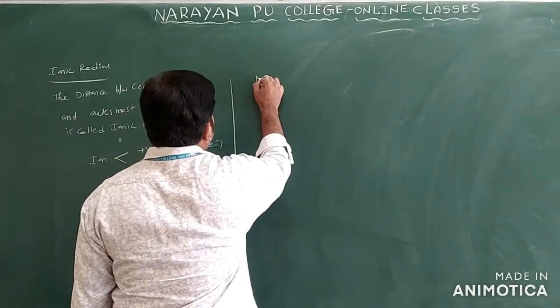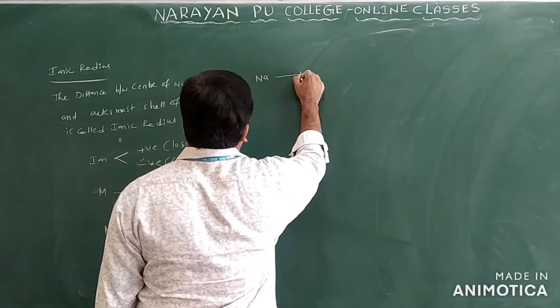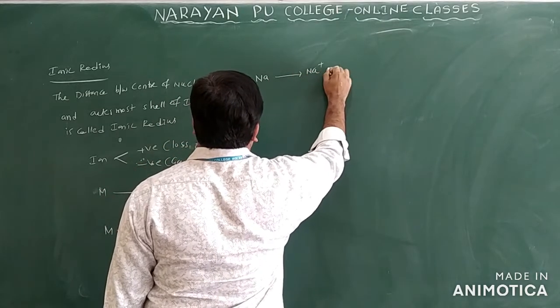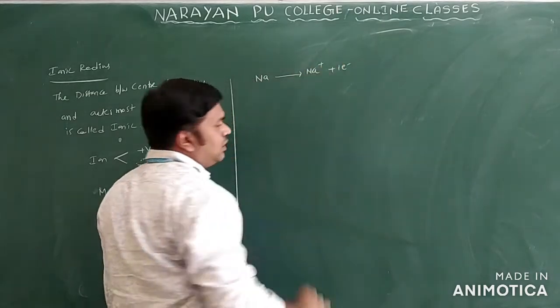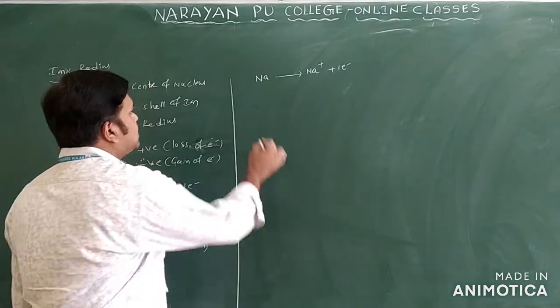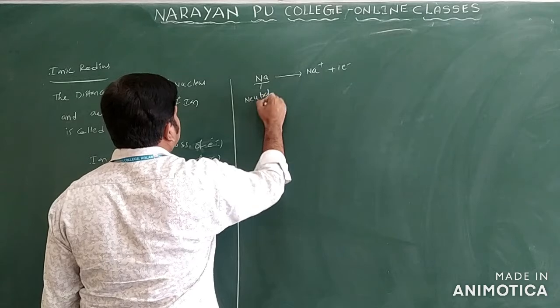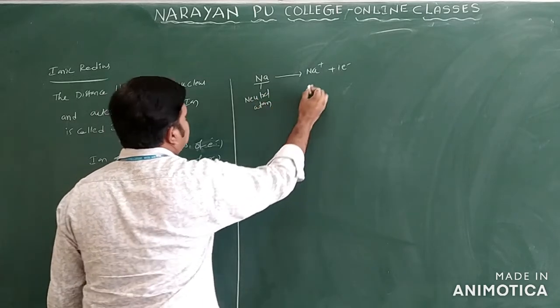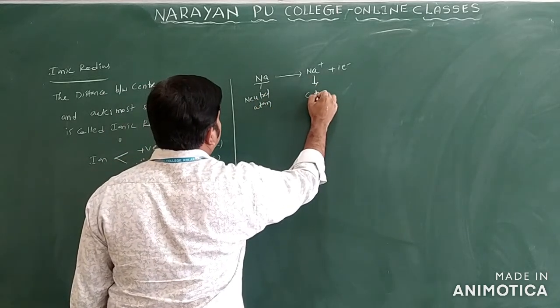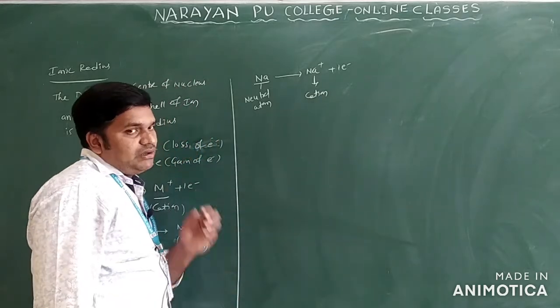Suppose I take an example, sodium. Sodium gives rise to Na plus by loss of 1 electron. So this Na is a neutral atom, and this Na plus is a cation. How will we compare the size?